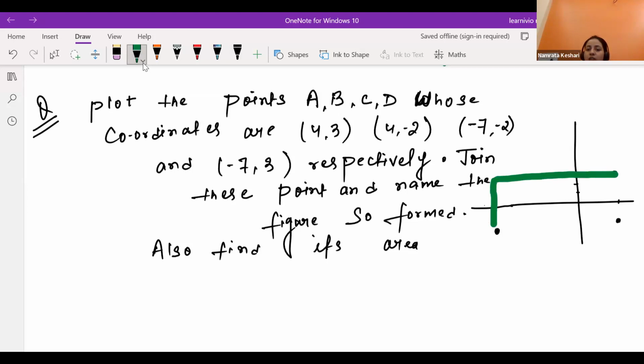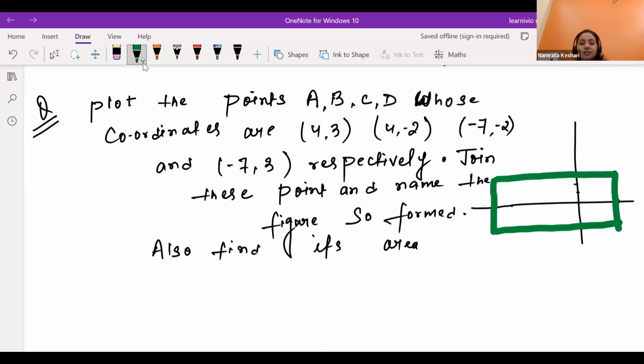Actually, when you plot it on graph paper, only then will you get an accurate figure. This is just a rough figure. Why do I say it is rough? Because the points are not equidistant. 1 and 2, 2 and 3, 3 and 4 are not taken at equal distances; we have taken them roughly.